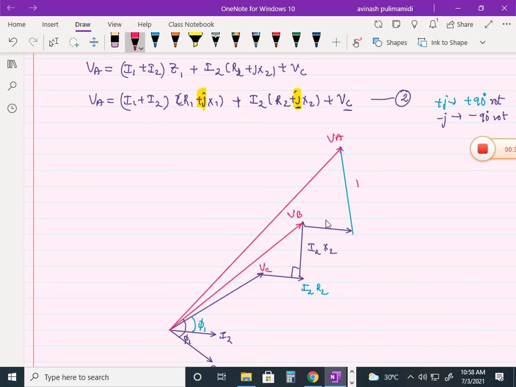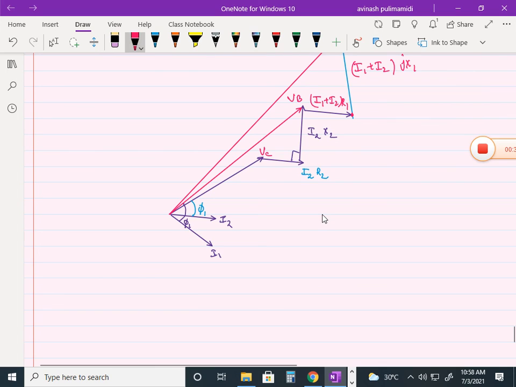And what is this value will be? I1 plus I2, this combination, into plus J into JX1. What is this value will be? I1 plus I2 into R1. Hope everybody understood now. So this is the vector phasor diagram.